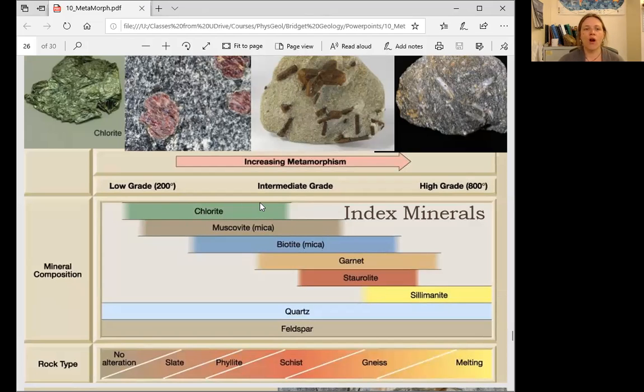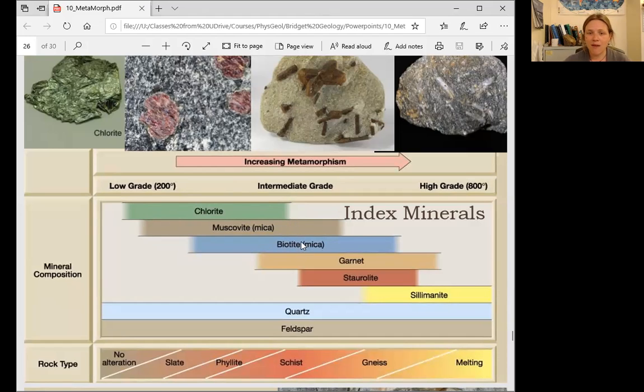It tends to form in lower grade environments, between about 200 degrees Celsius and about 500 degrees Celsius. Muscovite mica, the lighter, yellowish-whitish colored mica, tends to form over a range of maybe 250 degrees Celsius up to more like 500 or 600 degrees Celsius.